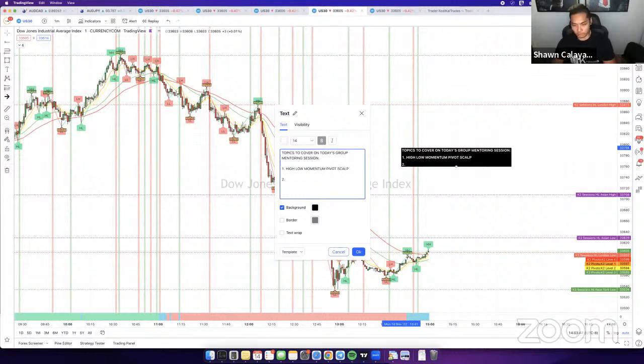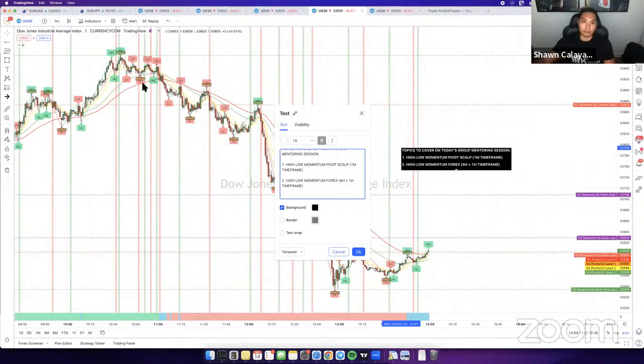I'm just going to put it all together, it's easier that way. 1 minute time frame. We'll go over the high-low momentum Forex 4-hour, 1-hour time frame. And go over the high-low reversal strategy.